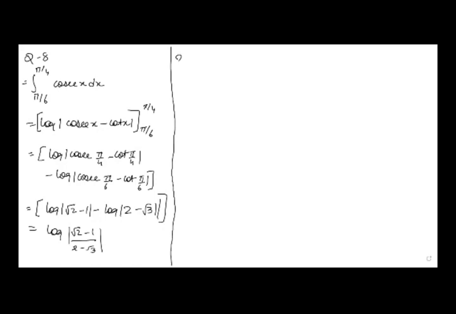Question 9. Integration 0 to 1 dx upon root 1 minus x square. This is of the form a square minus x square, that too in root. The answer for this is sine inverse x by a.